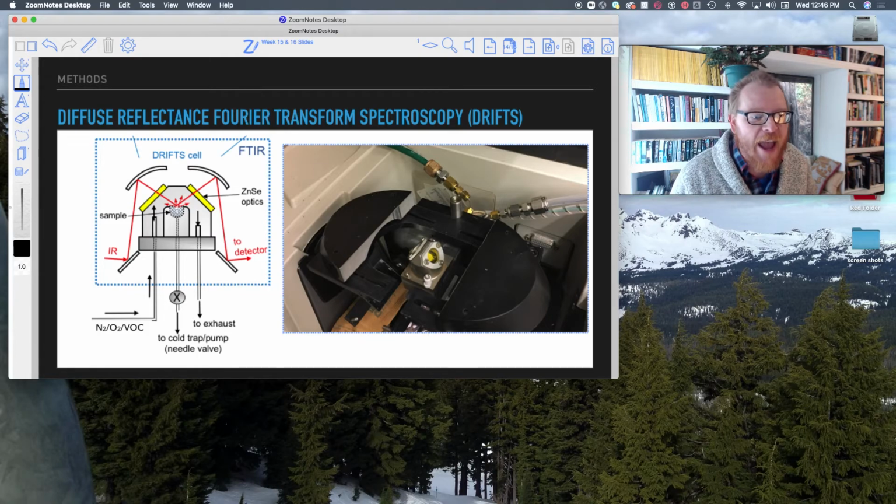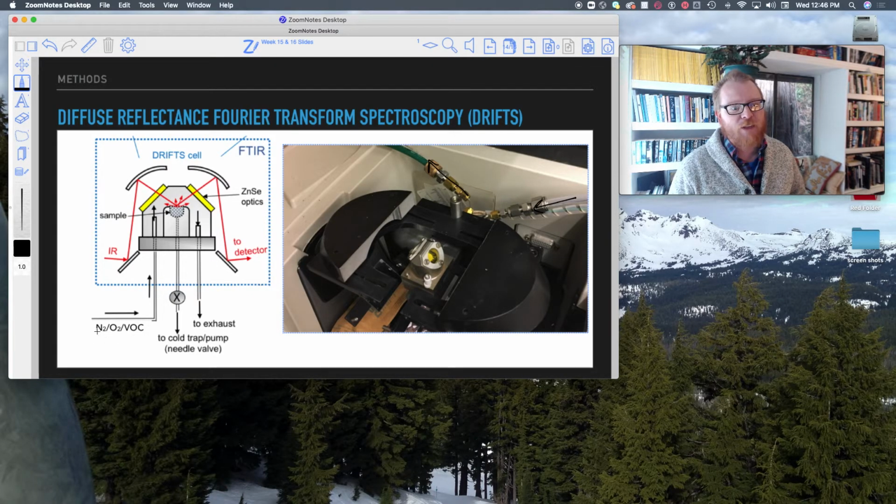So we have a sample, an environmental sample, typically a powder solid, which you can actually see right there. Beautiful yellow zinc selenide optics, which are infrared transparent. And you see that yellow color, that's the yellow zinc selenide optic. So you can see these tubes, gases are able to flow in and out of this cell.